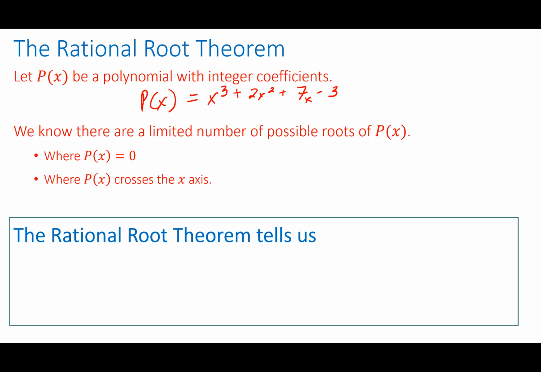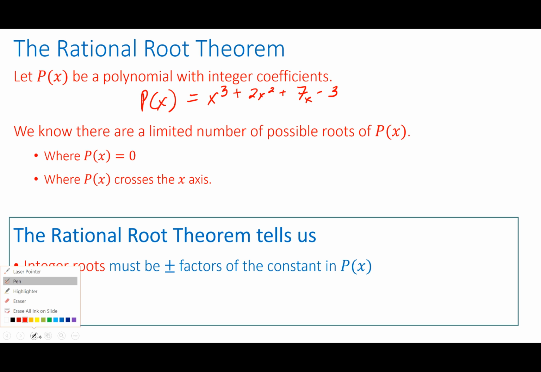Okay, so the rational root theorem tells us integer roots must be plus and minus factors of the constants in p of x. Now, when I've written up there that function p of x, x cubed plus 2x squared plus 7x minus 3, what's my constant in that expression or that polynomial?